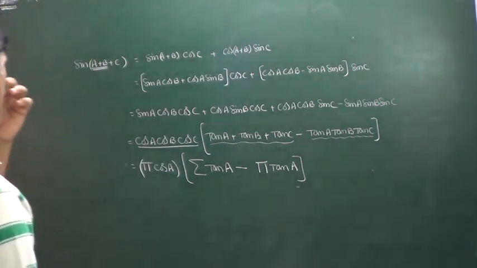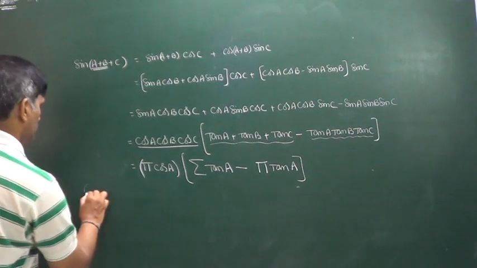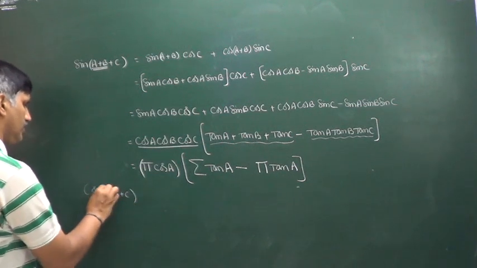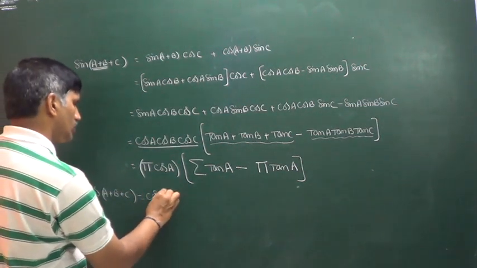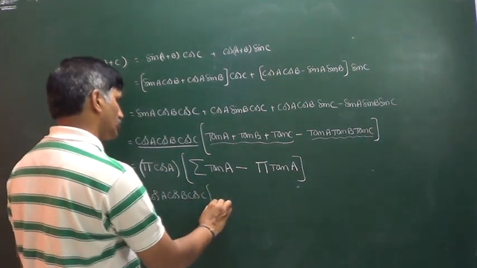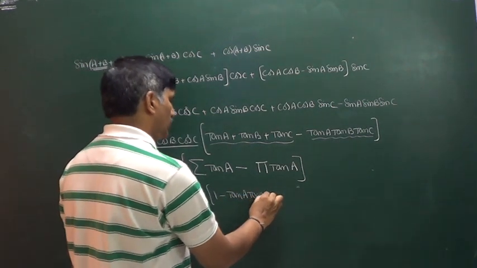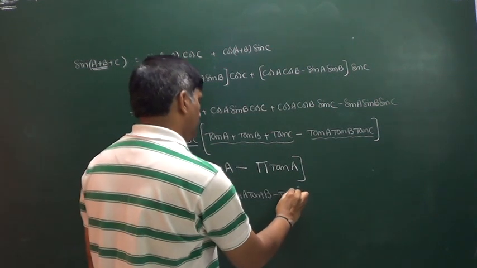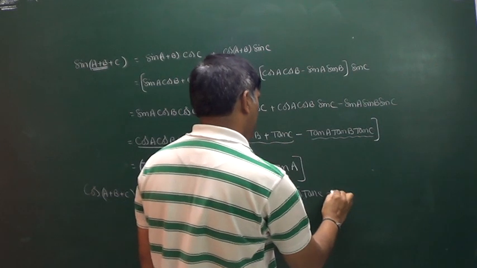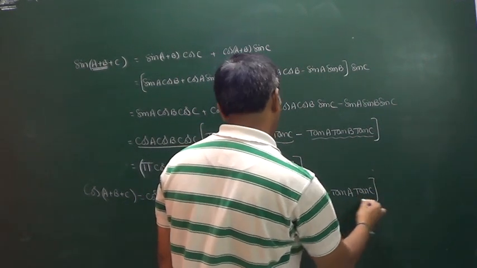In a similar way, we can also derive cos of A+B+C. Cos of (A+B+C) is equal to cos A cos B cos C into (1 minus tan A tan B minus tan B tan C minus tan A tan C).